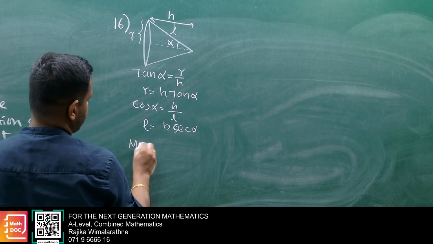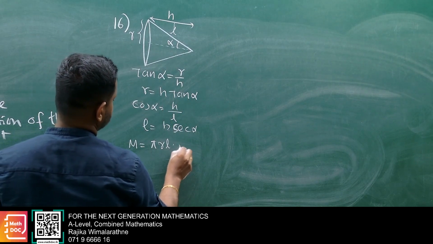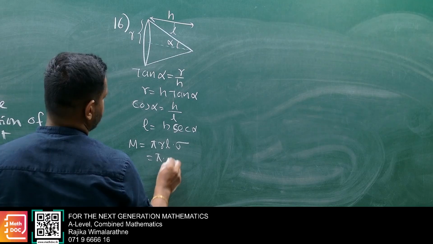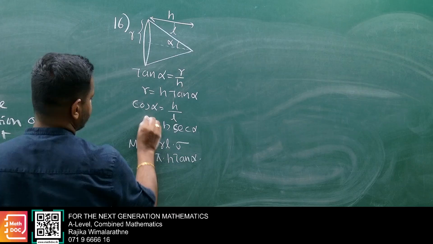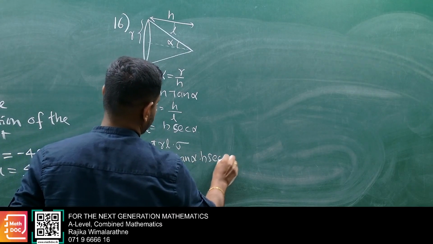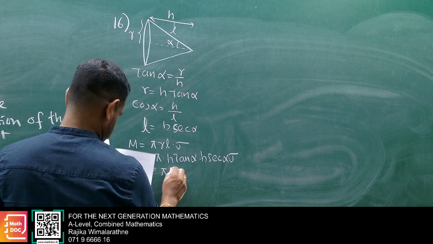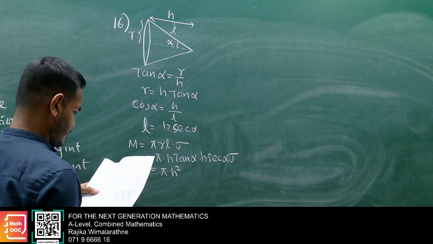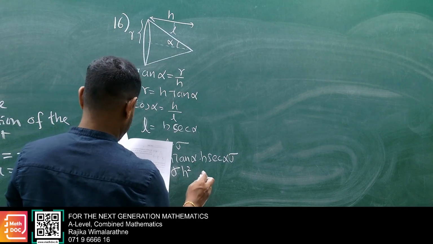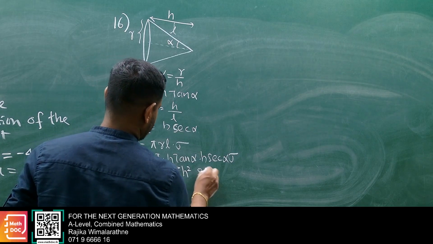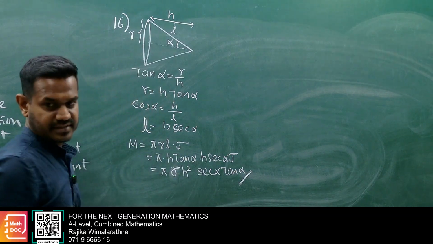Then mass is area pi r L times density, where r is h tan alpha and L is h sec alpha. So pi rho h squared sec alpha tan alpha. That's how we find the mass.